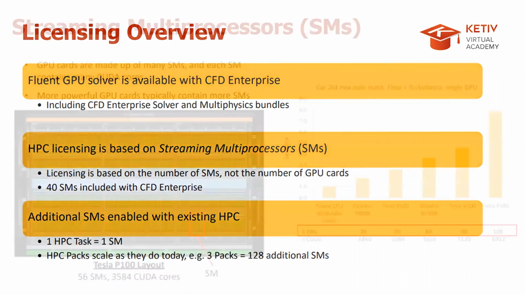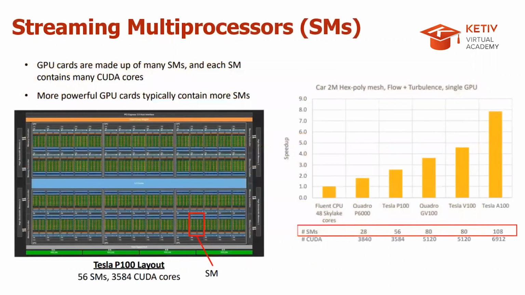So what are these streaming multiprocessors, right? Perhaps a lot of people may not be very familiar with this concept, so let me go ahead and explain a little bit about it. GPU cards are made up of many streaming multiprocessors, right? And each of these streaming multiprocessors in turn contains many CUDA cores.